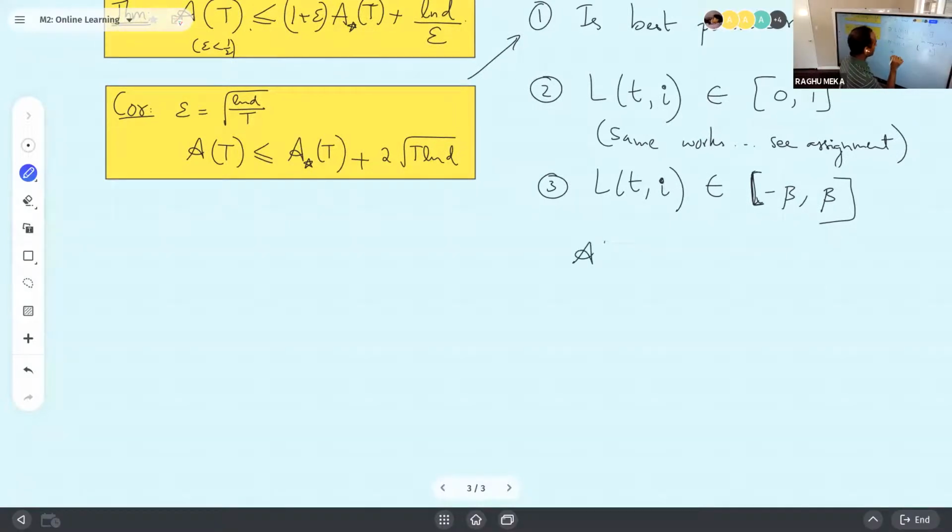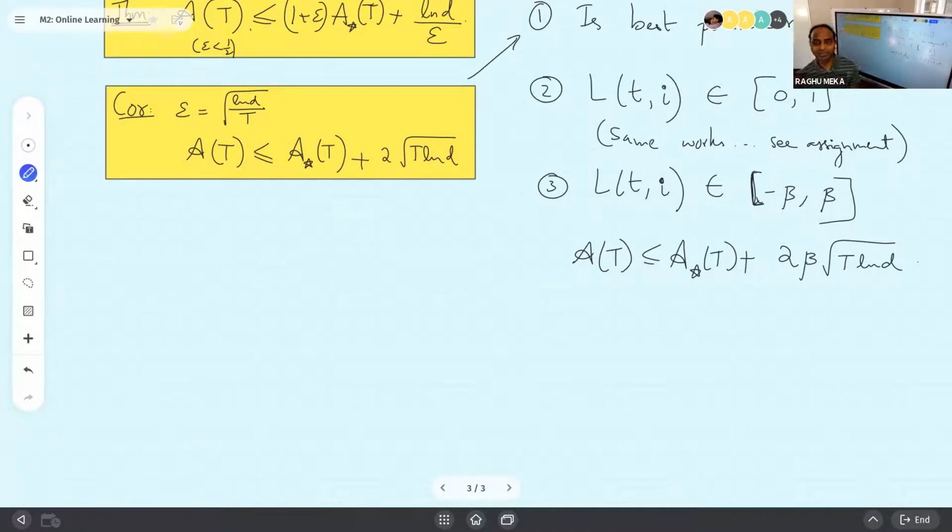Here you can achieve a guarantee, which is essentially, okay, so your regret scales by a factor of beta.